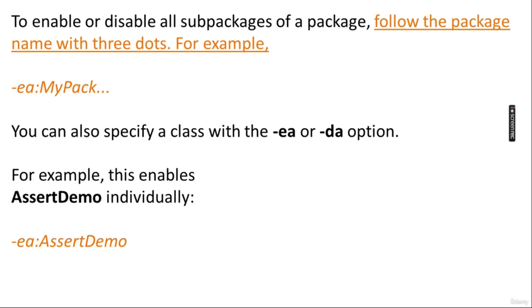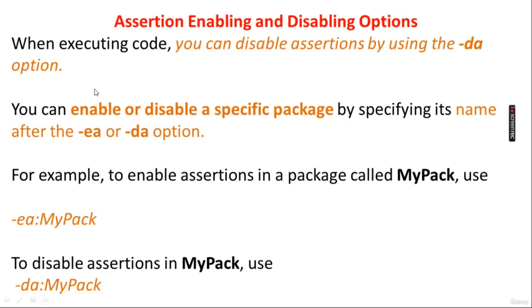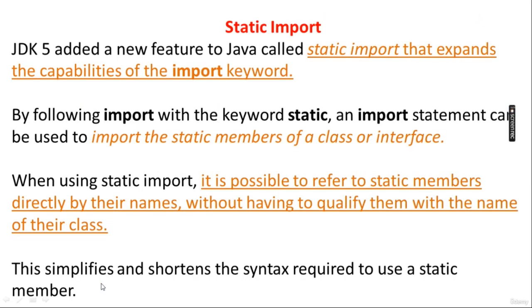So if you want to enable or disable a complete package, you have to give 3 dots. You can also specify a class with the -ea or -da option, for example -da:AssertDemo. Here you are giving the particular class name. Here you are giving a complete package. Here you are enabling or disabling assertion in mypack.